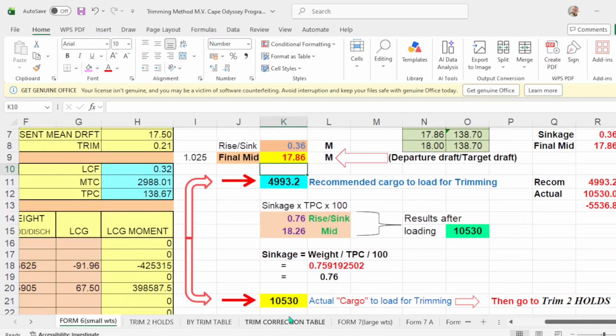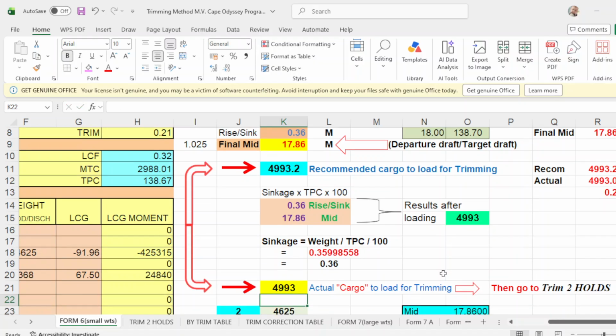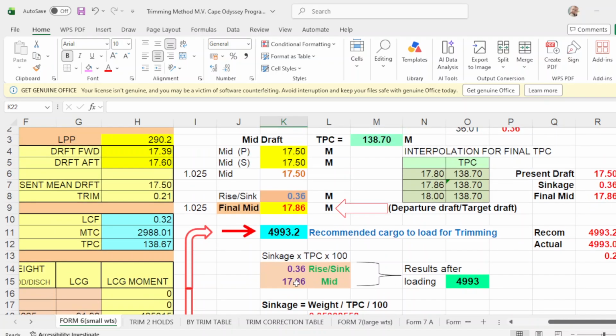Then you type here, let's round it up to 4,993. So what happens if you load 4,993? Your mid draft is exactly 17.86, the same as your departure draft, and your sinkage is 36, which is exactly the same as your sinkage here.